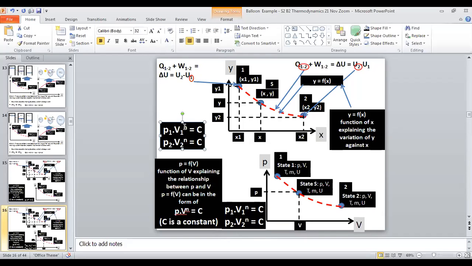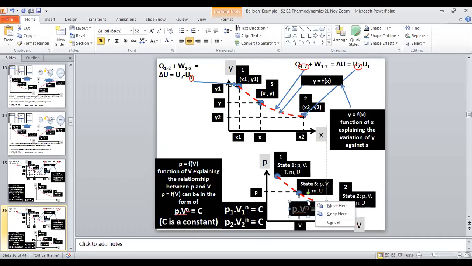So that is the equation. So PV to the power n is a constant. This is the curve, as an expression or as a relationship between P and V, for general PV.